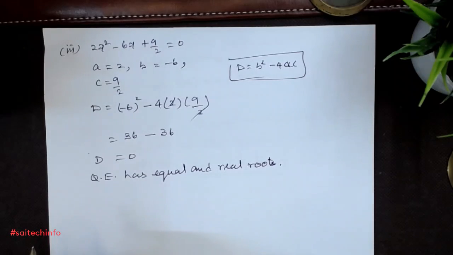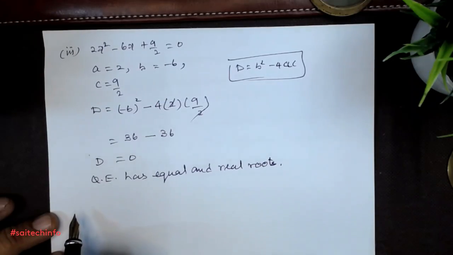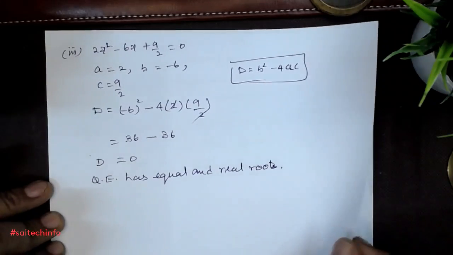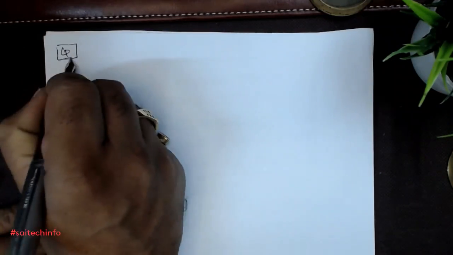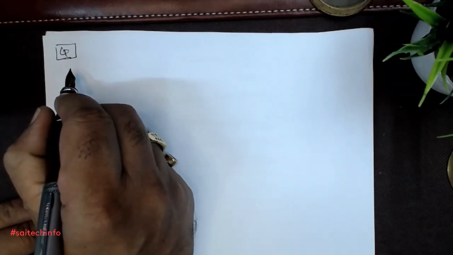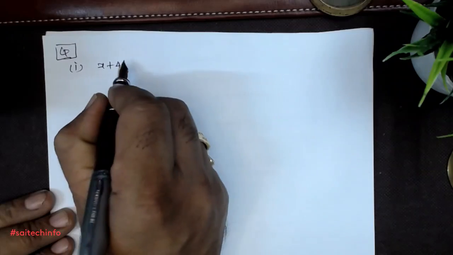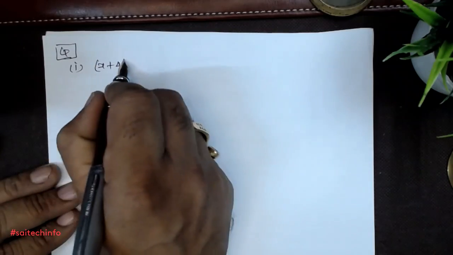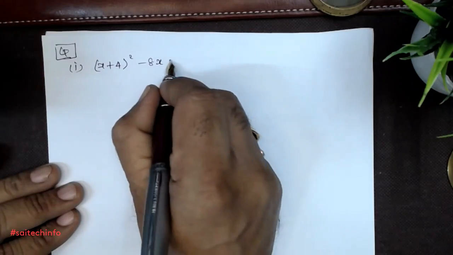Right. Now let me give you another set of problems. Try to solve this. Take down. x plus 4 whole square minus 8x is equal to 0.